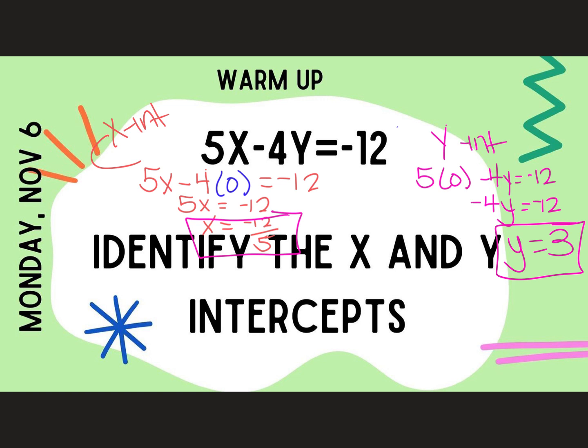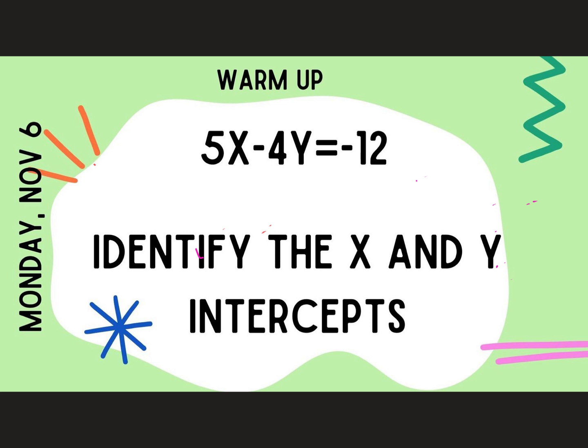The other method that I had mentioned is the cover-up method. Since we already know that for our x-intercept our y equals 0, do you agree when I plug in 0 that this, our negative 4y, is going to go away? It is going to disappear.